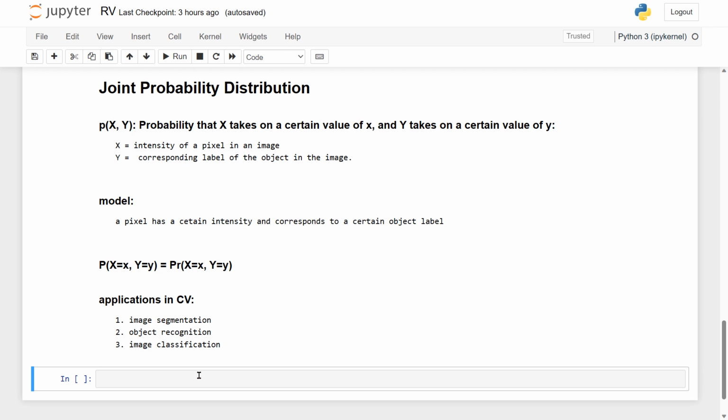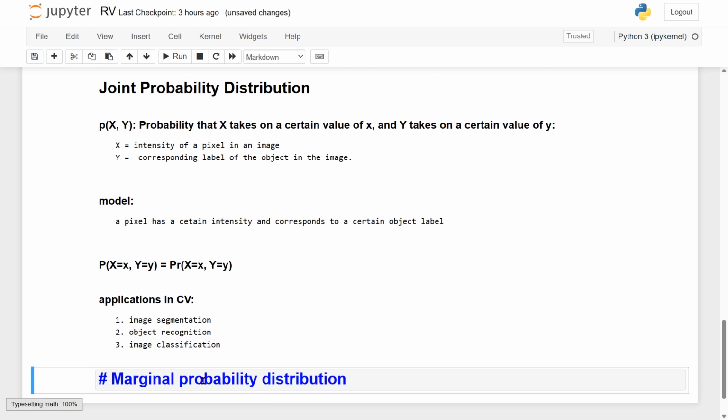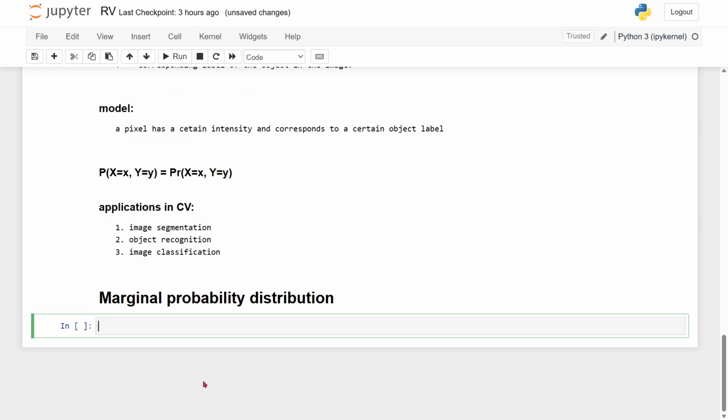Now we come to the marginal probability distribution. The marginal probability distribution of X is the probability distribution of capital X regardless of the value of Y. You made it marginal from the joint to here.